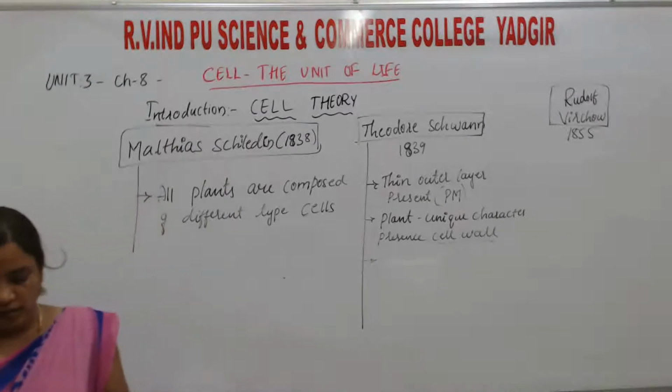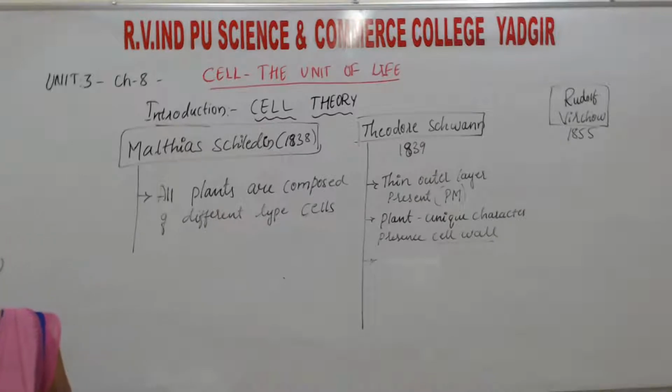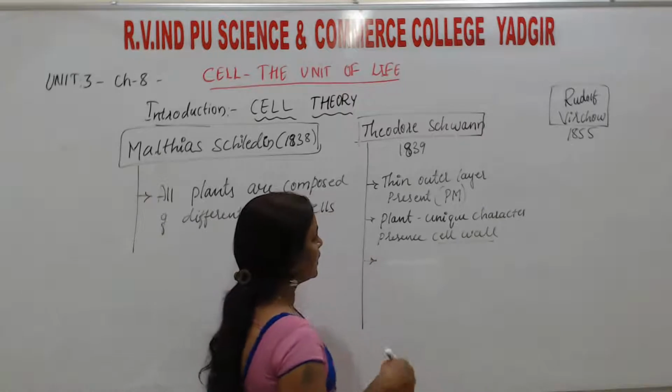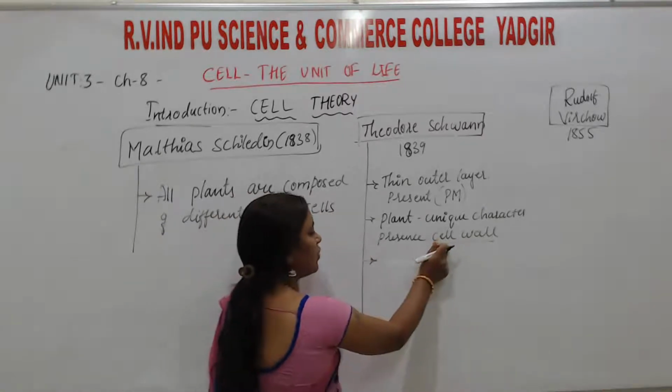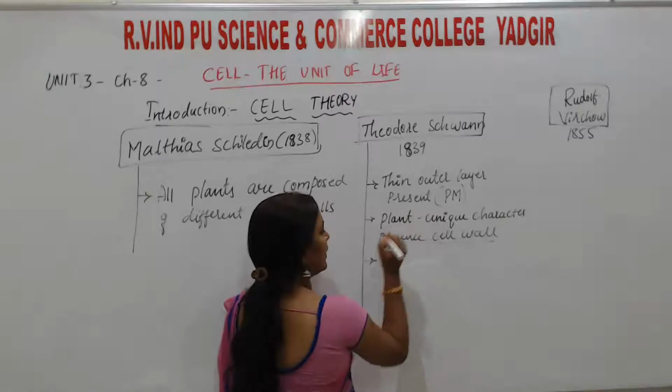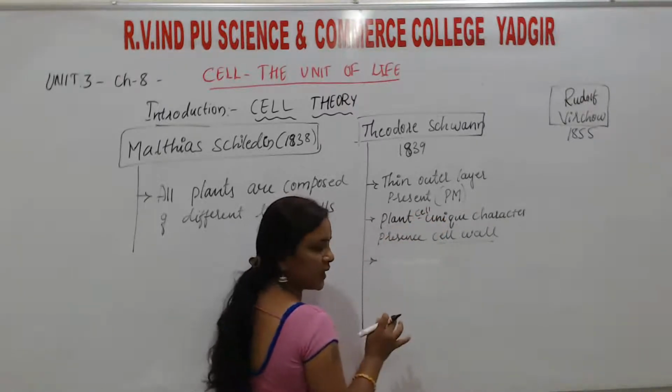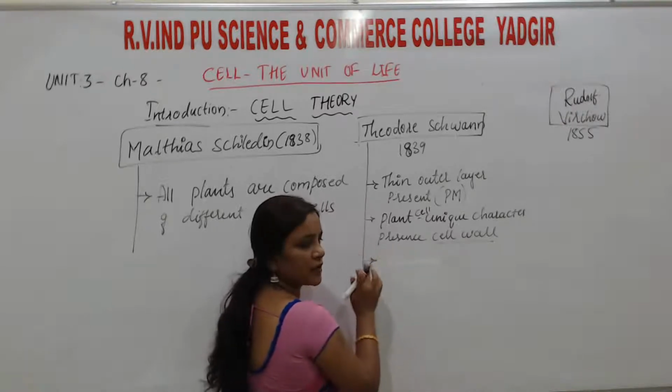He also proposed the hypothesis that the bodies of animals and plants are composed of cells and products of cells.